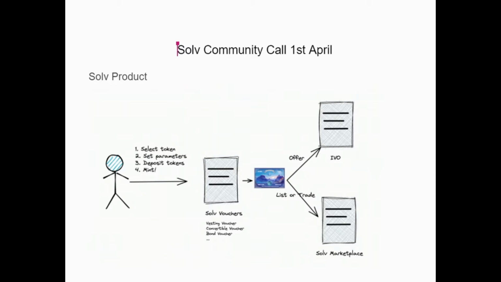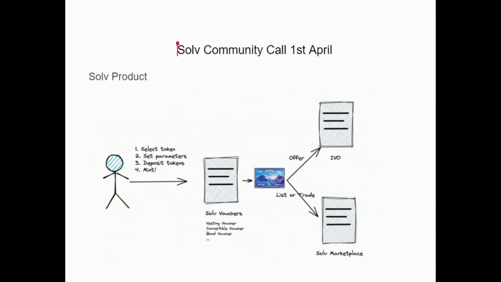All the users or all the DAOs come to our protocol to mint vouchers first, and then they can list the vouchers on IVO market or on Solv marketplace. As a retail investor, you can come to our IVO market to participate in the very initial offering of the vouchers, or you can come to Solv marketplace to trade the vouchers freely.